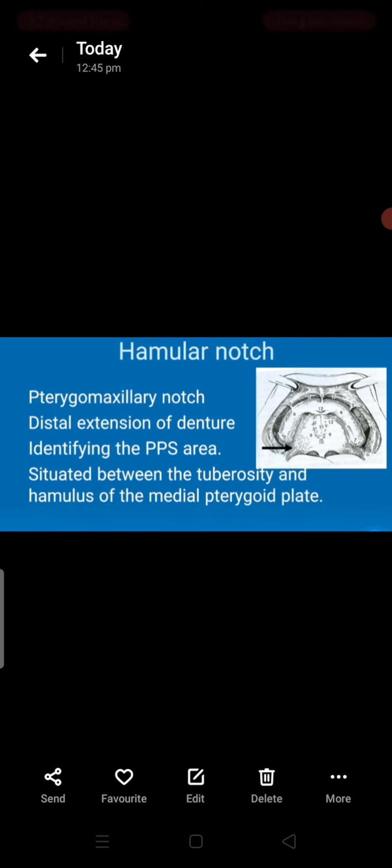The hamular notch helps in identifying the posterior palatal seal area. Hamular notch is situated between the maxillary tuberosity and the hamulus of the medial pterygoid plate. This is the hamular notch.